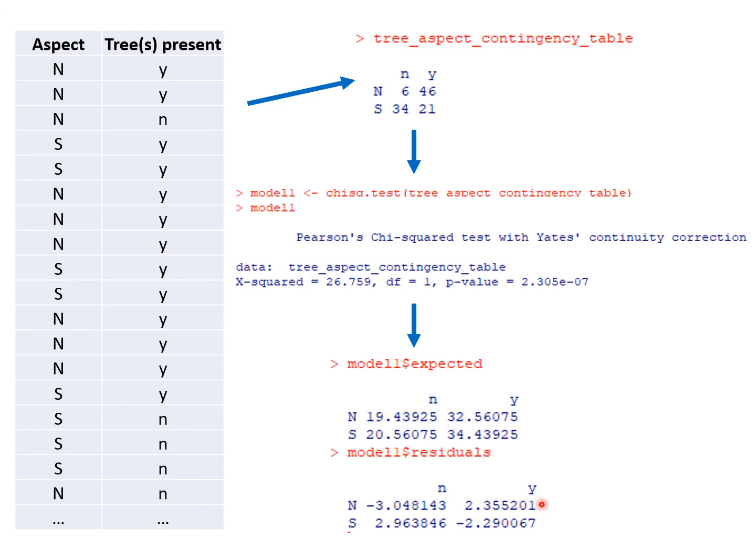We are more likely to find trees on the northern aspect than expected by chance, and less likely to find trees present on the southern aspect than expected by chance. Therefore, this analysis suggests that our observations of trees being less frequent on the southern aspect really does reflect a true biological pattern.